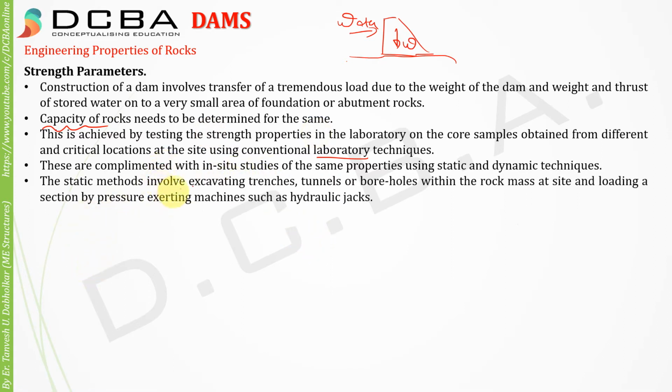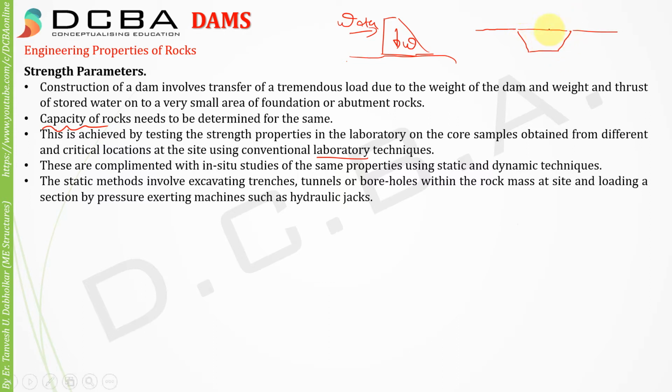The static method involves excavating trenches, tunnels or boreholes within the rock mass at site and loading the section by pressure exerting machines such as hydraulic jacks. So on site, if you want to check the strength of the rock, what you do is that you excavate a trench like this into the soil.